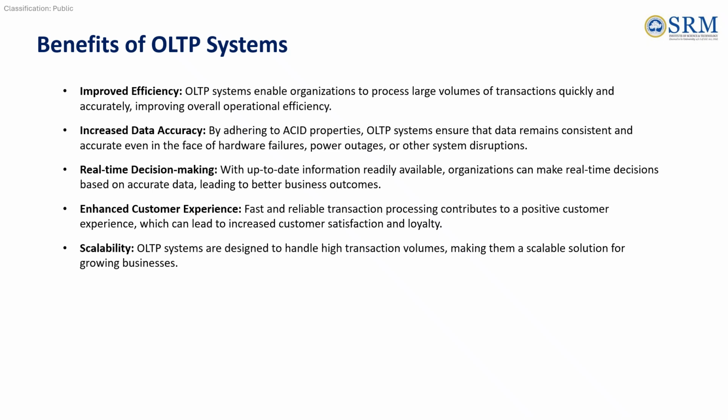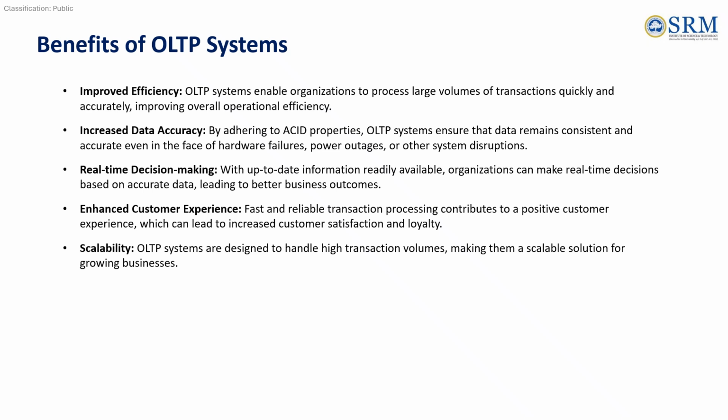These systems also support real-time decision making. Since updated information is always available instantly, businesses can make quick and informed decisions based on current data. OLTP systems also help improve customer experience. Fast transaction processing reduces waiting time and increases user satisfaction.